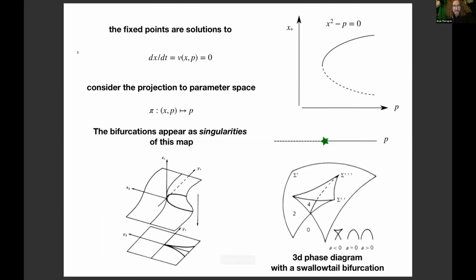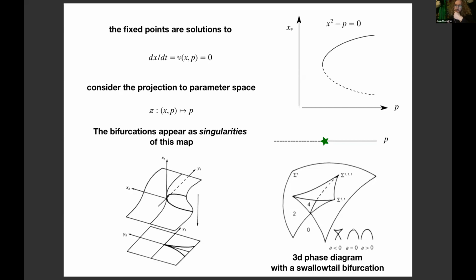So there's a nice geometric way to picture all of the drawings that I've shown you, which is that if we think about the space formed by our state variables and our parameters, so here we're just thinking about 1D, so just 1 x, but perhaps many parameters, p.